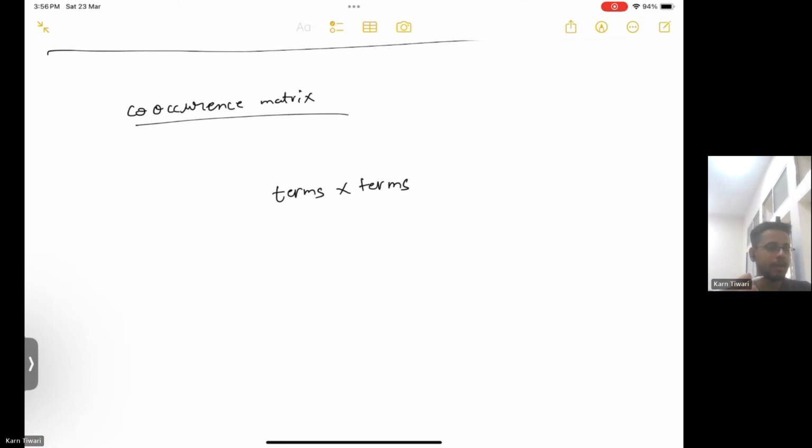For example, whenever bank is there, we want to measure how many times the word credit comes up in the corpus. So we want to construct a co-occurrence matrix of the form term by term, of the size of the vocabulary by the size of the vocabulary, which measures how correlated each pair of terms is, a kind of similarity.